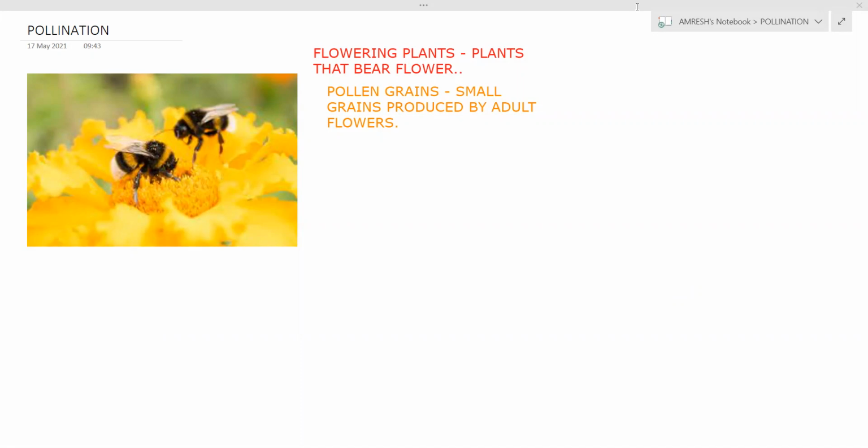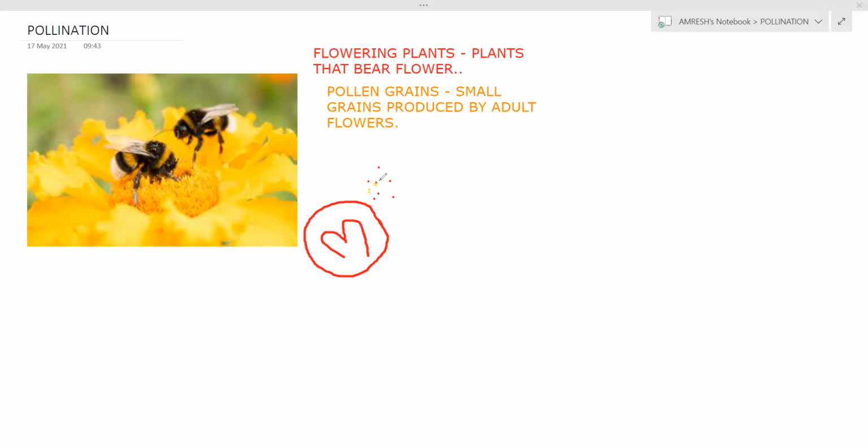After pollination, what happens? I can explain you with a short diagram. This is the male plant. Male plant has pollen grains. They are usually yellow in color, so I show it in yellow.